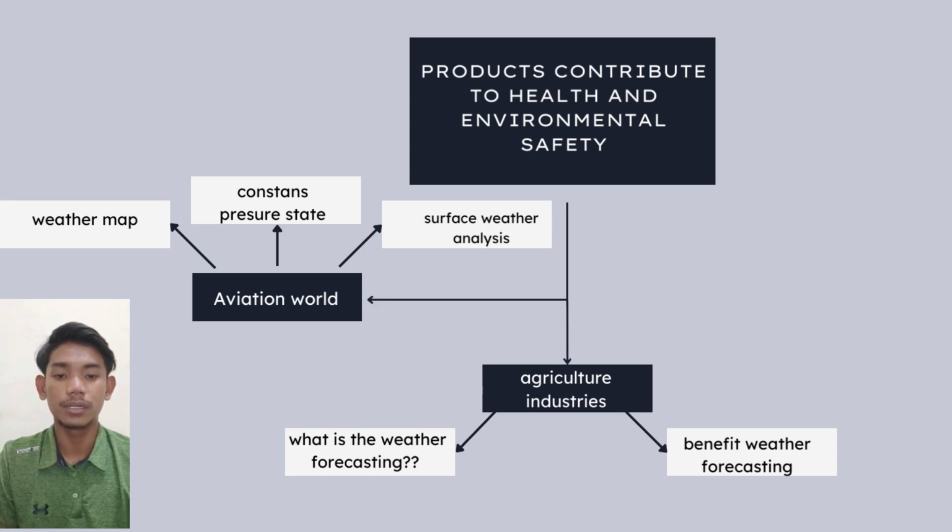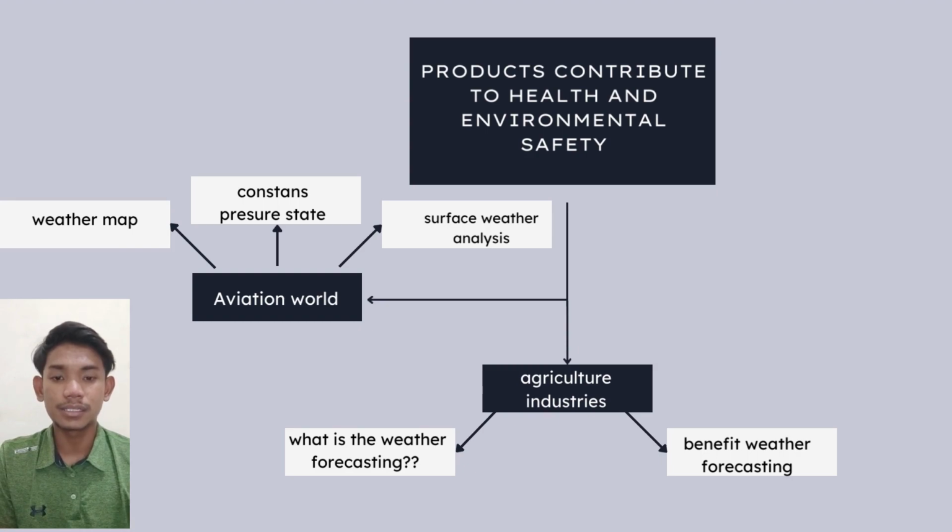Also, it lets us know the current time and area. The next one is the constant pressure chart, where the function is to help pilots and meteorologists to receive a more precise weather map. The last one in this sector is surface weather analysis that gives information to users about the areas of high and low pressure.